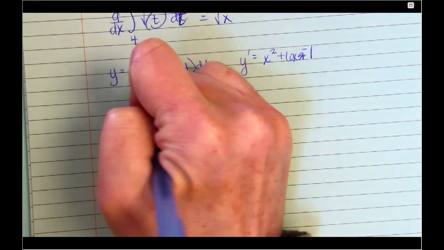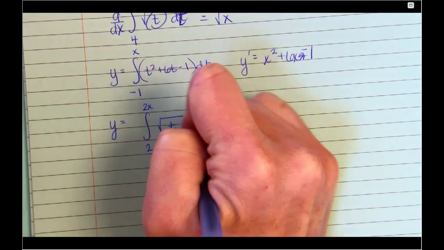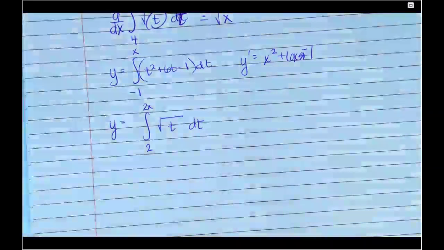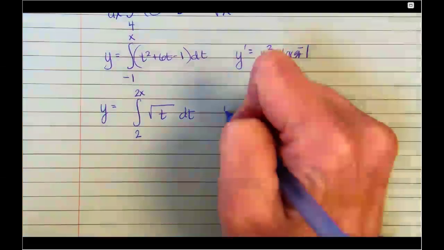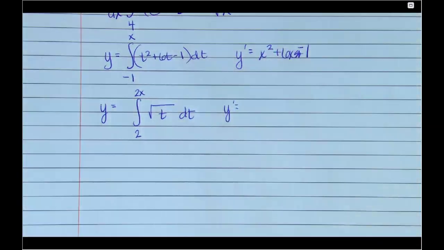Okay, so then let's say y equals the integral from 2 to 2x of the square root of t dt. I'm looking for y prime again. This one's going to relate more to our first example that we did.